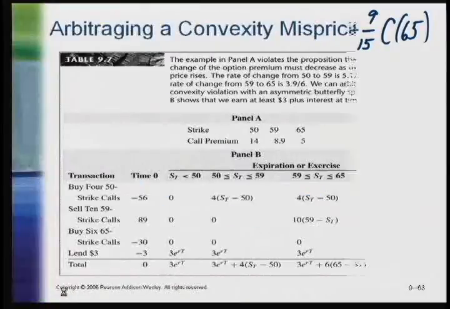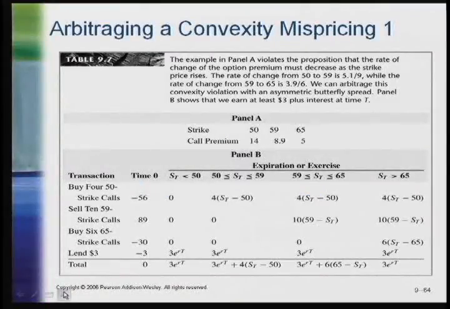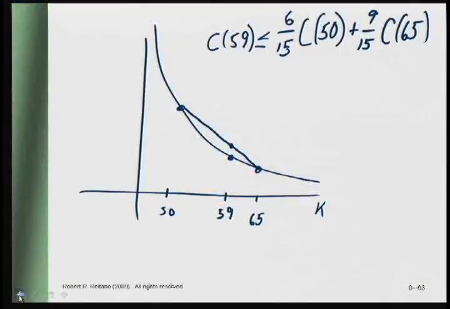Well, when we look at this example, it turns out it's not. The price of 59 is $8.90, and the call premiums at the ends are 14 and 5, so the weights would be 3/5 and 2/5.